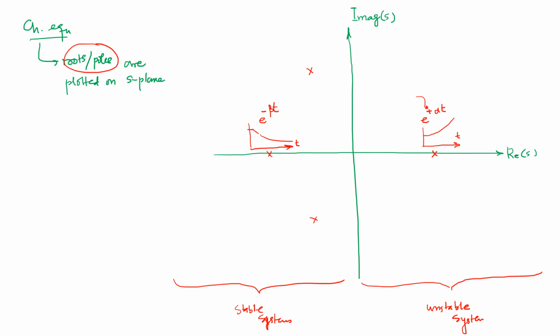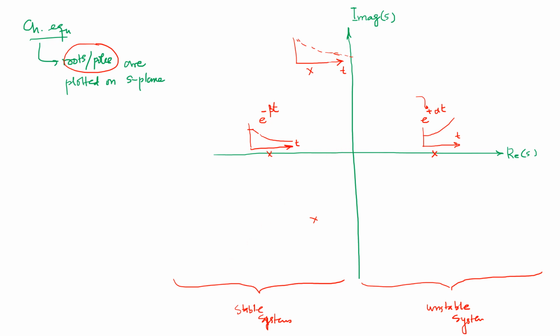So in that particular scenario, the system's response would look something like this, that it is going to have a decay, obviously, because of the negative side, and that decay is going to be a slow decay, if I may say that, as compared to the one already drawn over here, because it is closer to the origin, or closer to the axis.